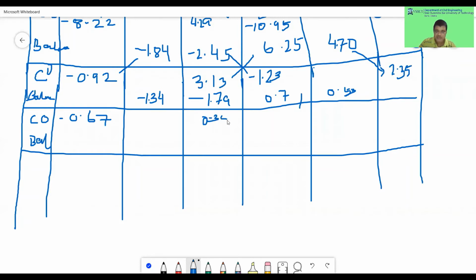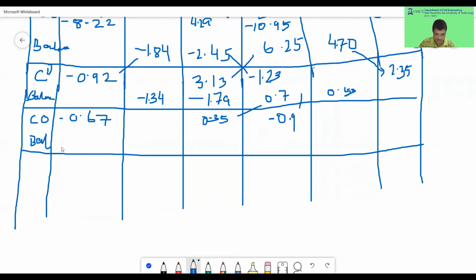Here it will be minus 1.79. So it will be plus 0.35 here, 0.35 carried over from here. Here it will be minus 0.9, because 1.8 halved is 0.9.